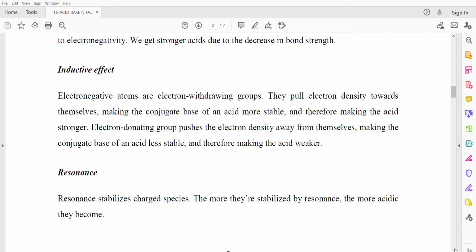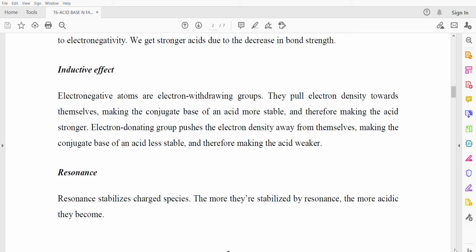In HCl, when Cl negative is liberated, it means Cl negative can exist as a chloride anion because halogen has a tendency to accept electrons. Negative charge can reside easily on it.